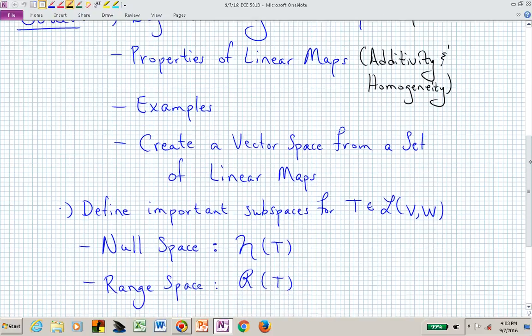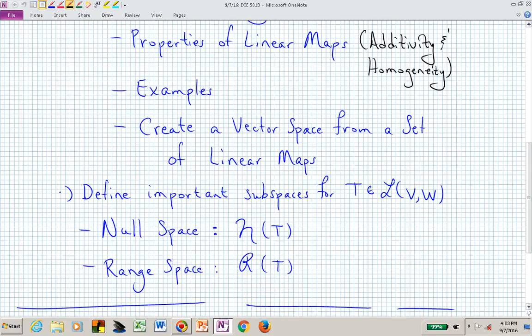We'll then talk about a couple of very important subspaces associated with the linear maps: the null space, which is what vectors map you to the zero element, and the range space. Where can you end up in your output vector space through the linear map T? That's the range space. What's the range of that linear map T?